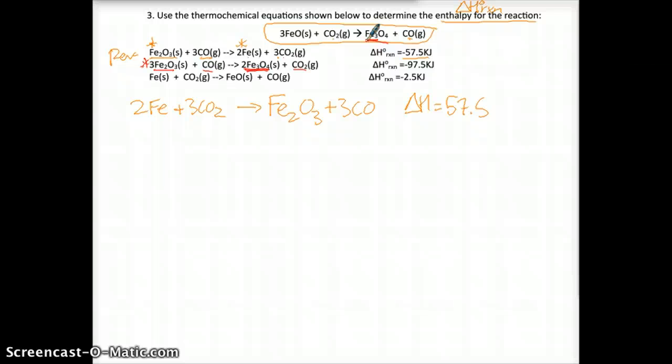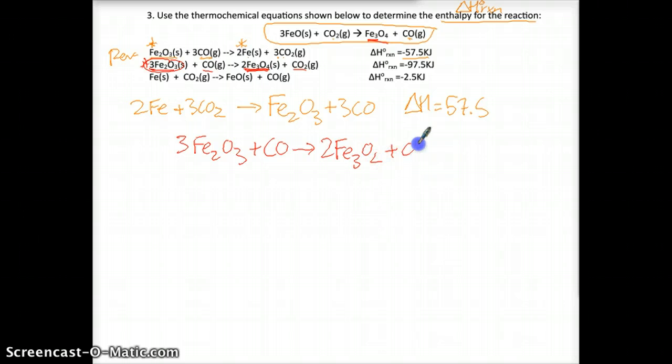I want to try to cancel out that Fe2O3, this molecule. Now the issue is I have 3 moles of it. So if I have 3 moles of Fe2O3 plus CO producing 2 Fe3O4 plus CO2, where here my delta H is still the same, negative 97.5. I didn't do anything to it.